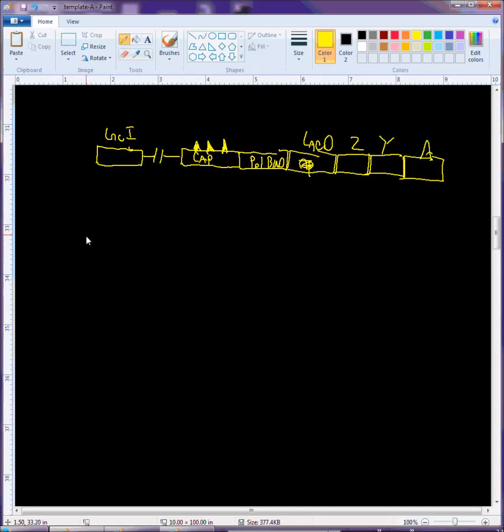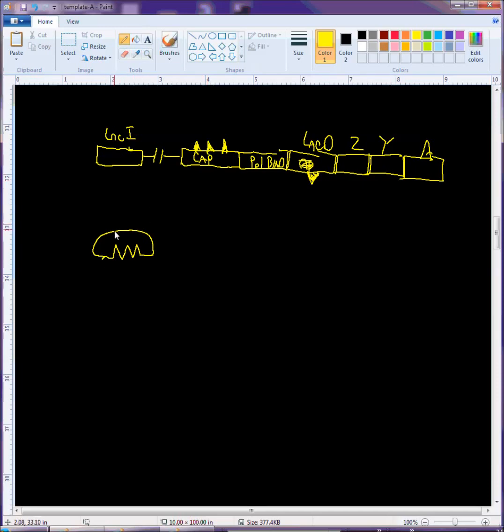Now the CAP protein is going to look something like this. It is going to bind here.